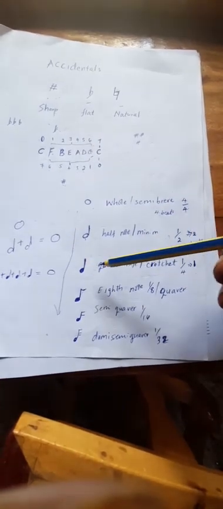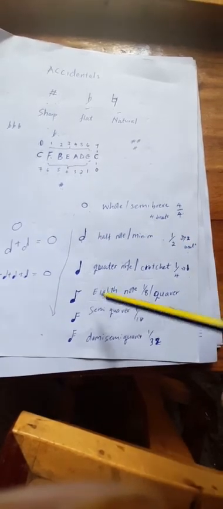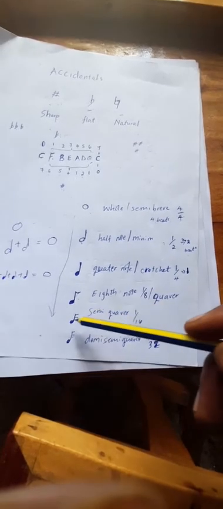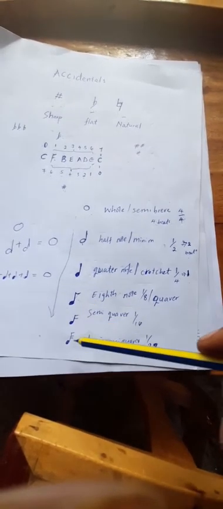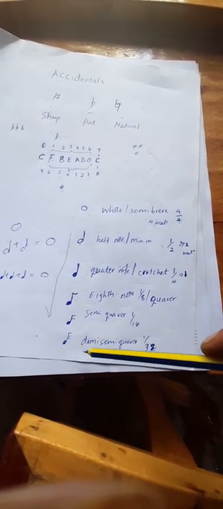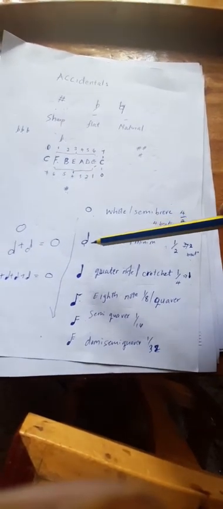A crochet plus a crochet will have a minim. A quiver plus a quiver will have a crochet. Semi-quiver plus semi-quiver will have a quiver. Demi-semi-quiver plus demi-semi-quiver will have a semi-quiver. So it becomes easy. Don't be confused.